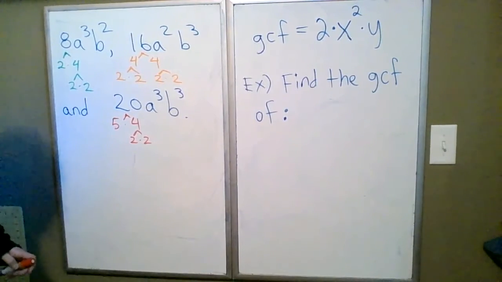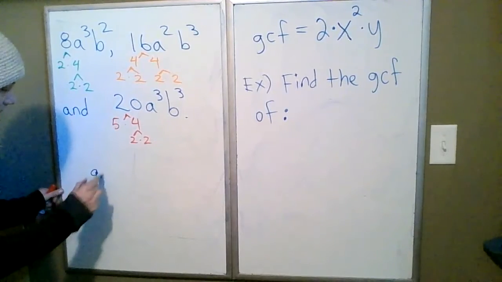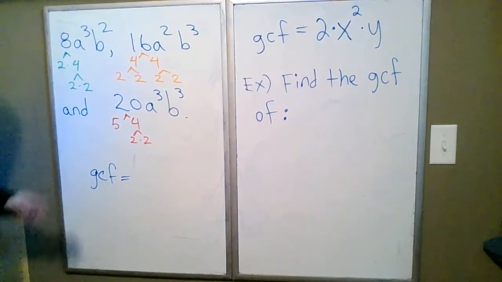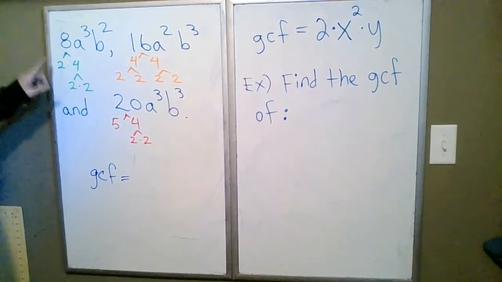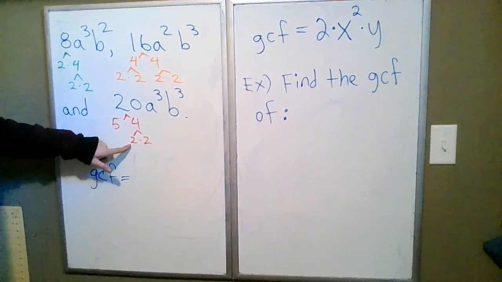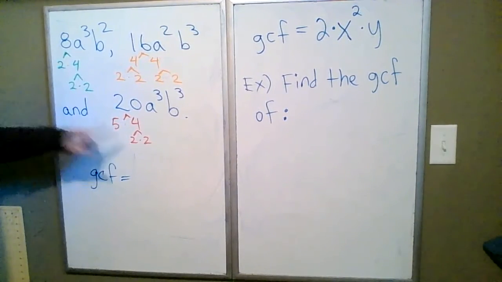So we're starting with just the number part of the greatest common factor. You check out your factors, and it has to be common to all 3 terms. So there is a 2 here, and a 2 here, and a 2 here. So you pick the least of your 2's.